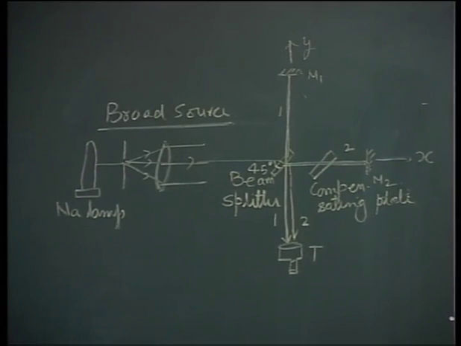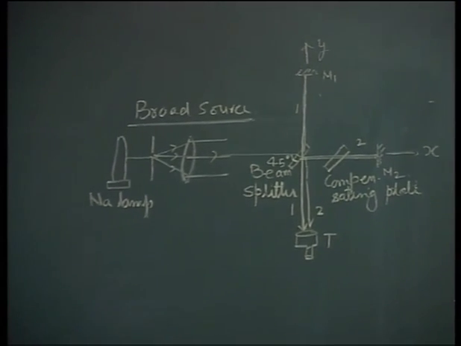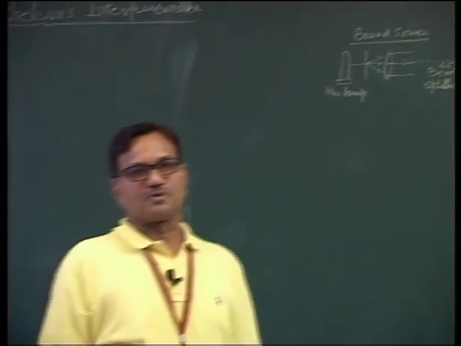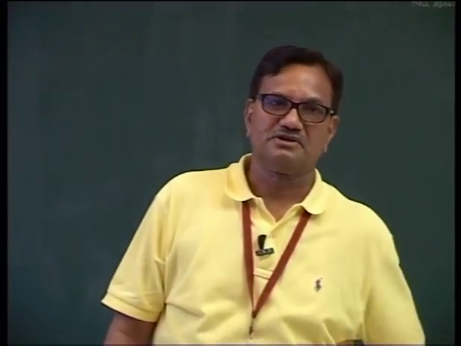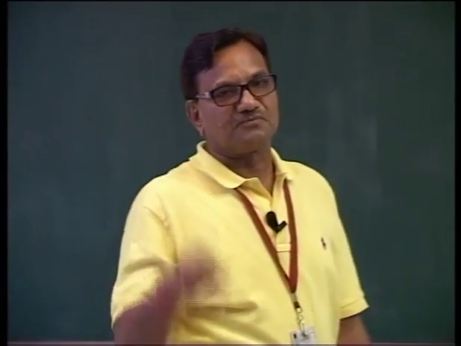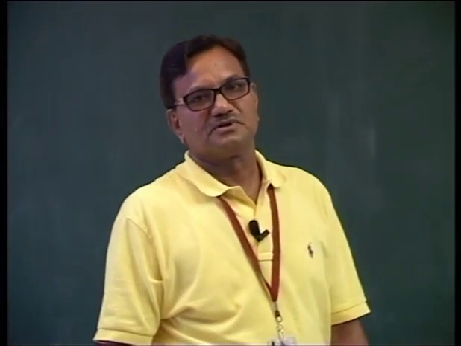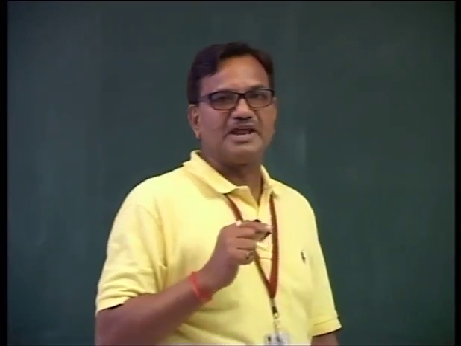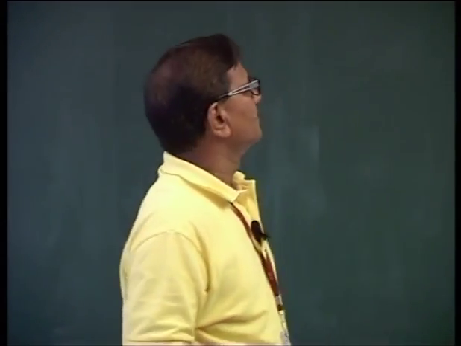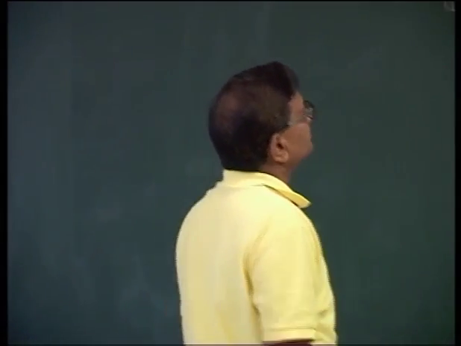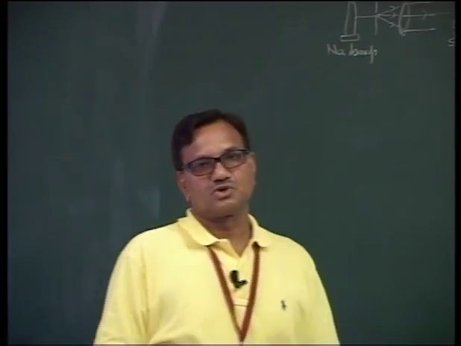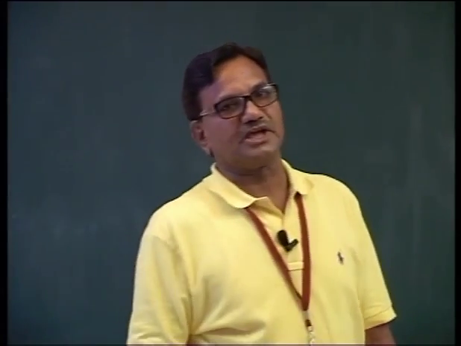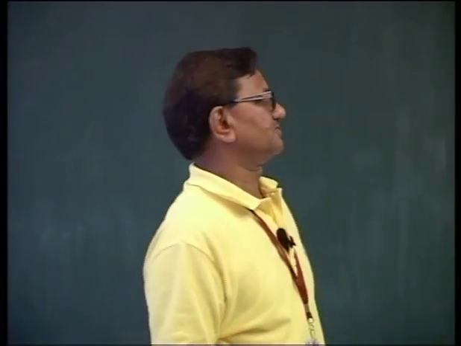The two beams are traveling mutually perpendicular. To observe interference, they should propagate in the same direction. Therefore, we reflect these beams by perfectly plane mirrors. The notable feature is that these mirrors should be front coated so that they do not introduce any additional path difference.